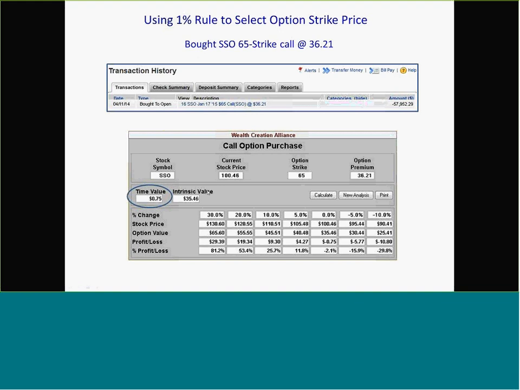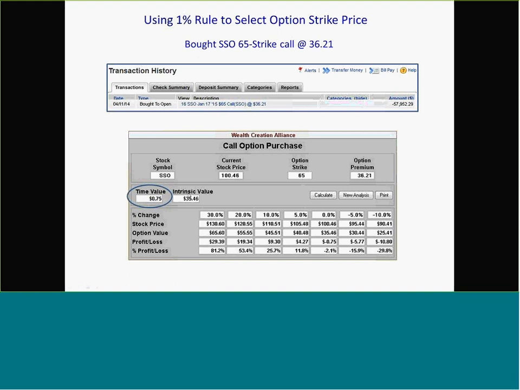So with an option premium of 36.21, when I bought this option, this was back April 11th, this premium only had 75 cents of time value, so it had very little time value compared to the intrinsic value. So in this case, I was minimizing that time value and maximizing the intrinsic value.